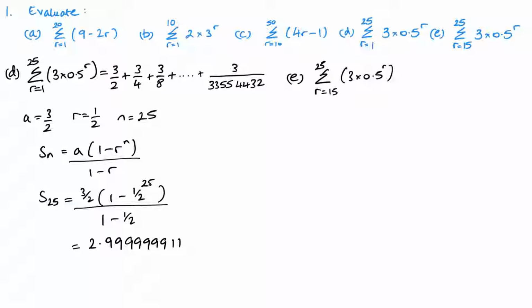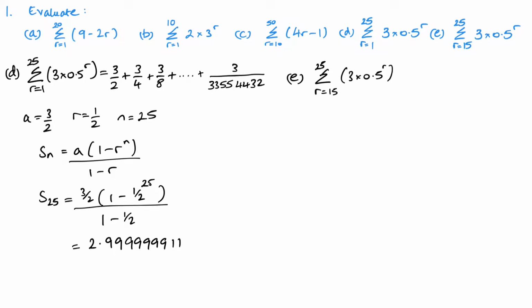Now, for this one, I've purposely chosen the same as the one before, but with a different starting point. And what that means is it allows us to do it in two different ways. We can do it as we've done before, starting at r equals 15, going up to 25 as normal.